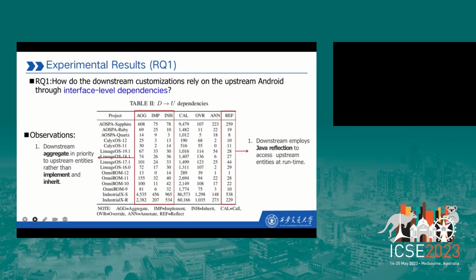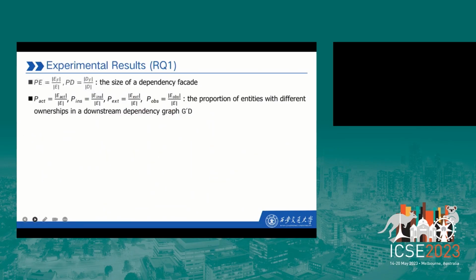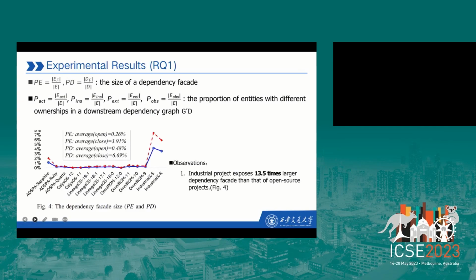And also the downstream development employs Java reflection to access the properties of upstream entities at runtime. And then we use some calculation to calculate the size of the dependency facade and the proportion of the entities with different ownership in the downstream dependency graph.